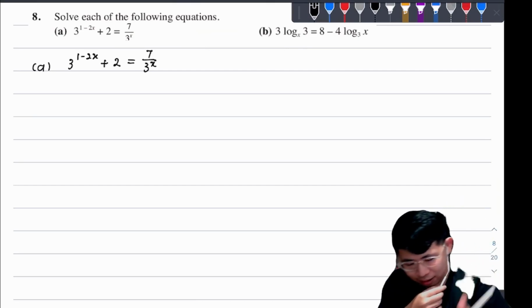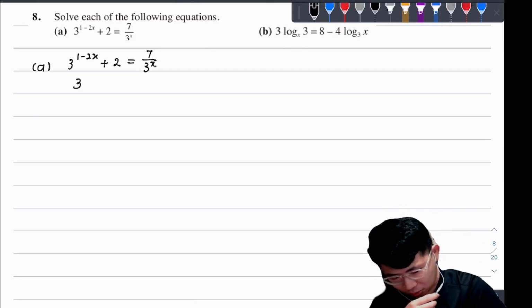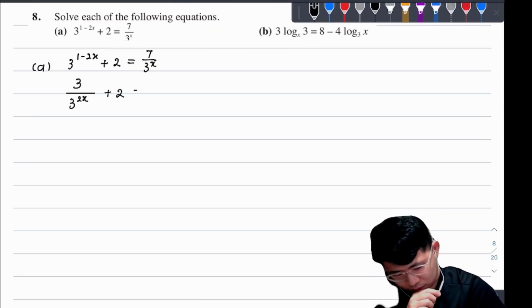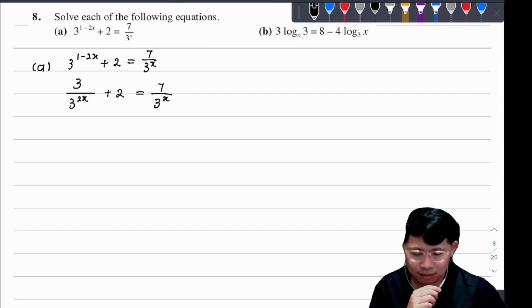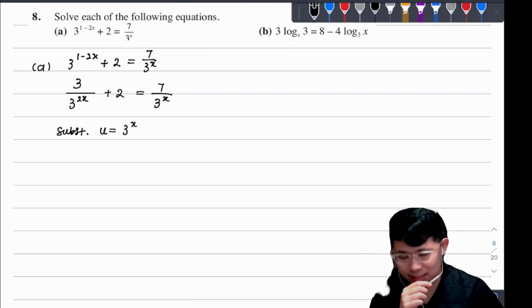Let's try and see. So over here, 3 power 1 minus 2x will give me an over something. So 3 over 3 to the power of 2x like this. Okay, plus 2. Then this will be equals to 7 over 3 power x. Okay, so what I can do now is substitute u to be equals to 3 to the power of x, and then we can see how it works.